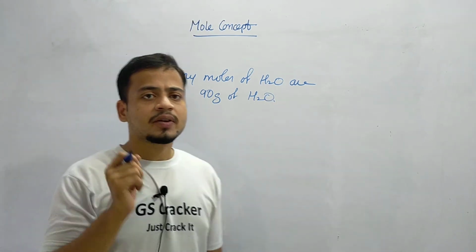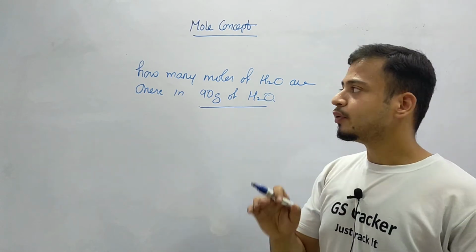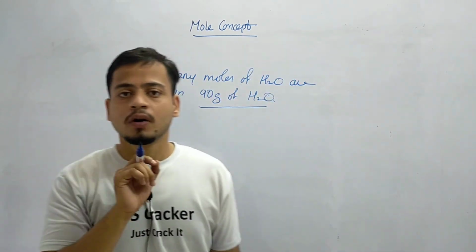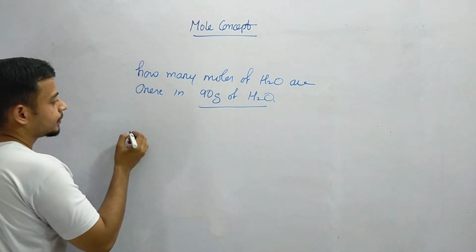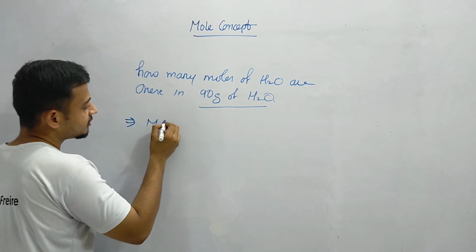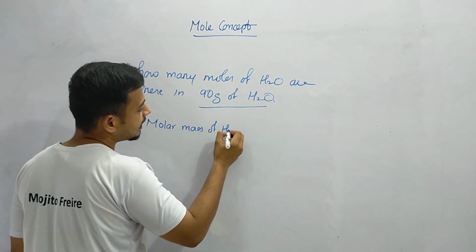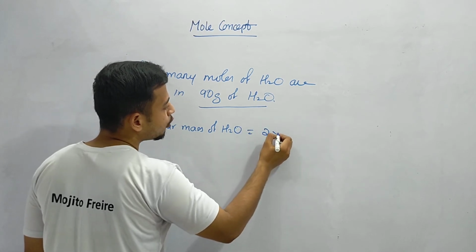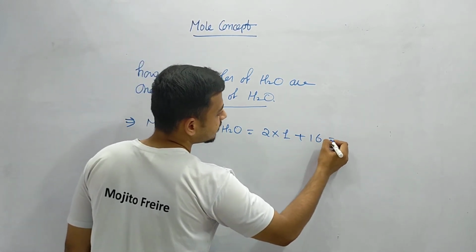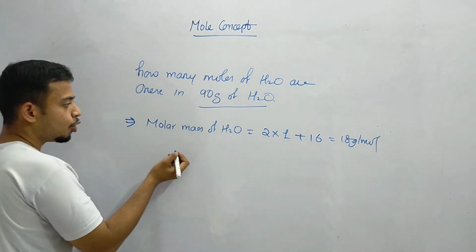The question has given us the given weight, 90 gram of water, and we have to calculate how many moles are present in it. Look, we know the molar mass of water can be calculated as 2 into 1, the mass of hydrogen, plus 16, that is equal to 18 gram per mole. This is your molar mass.